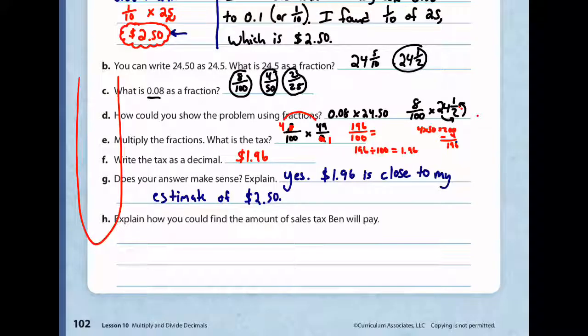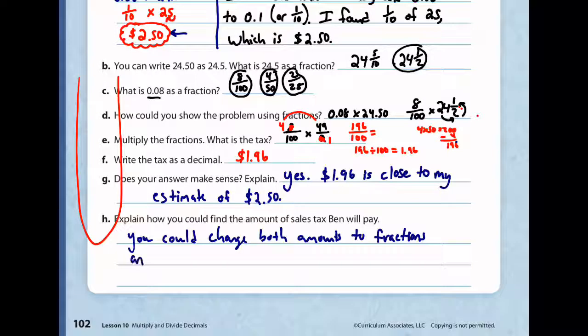Now H says explain how you could find the amount of sales tax Ben will pay. All right, so I'm going to talk about a couple ways. One is you could change both amounts to fractions and multiply.